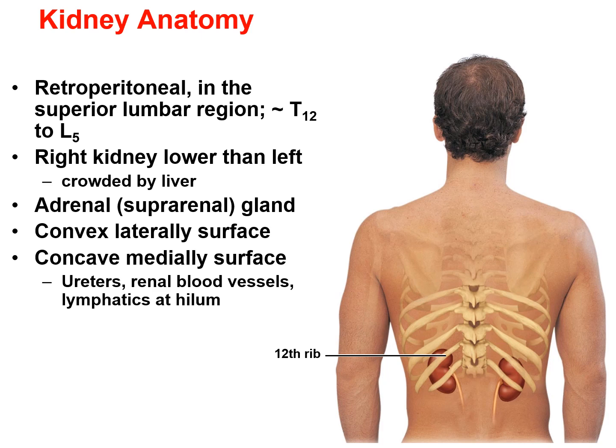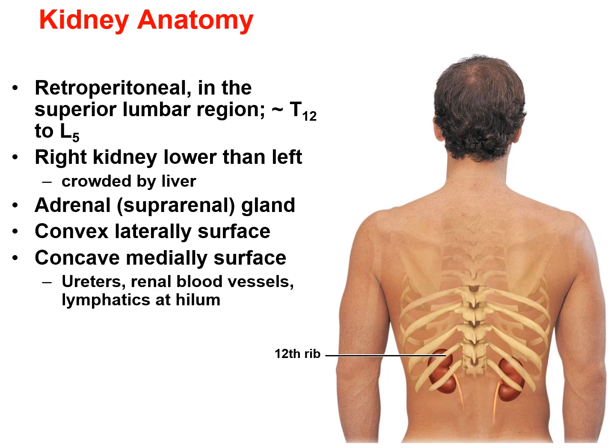So you find your kidneys posterior to that serous membrane, and they're also close to your vertebrae. So they're retroperitoneal. They are located at about the level of T12 to about L5.